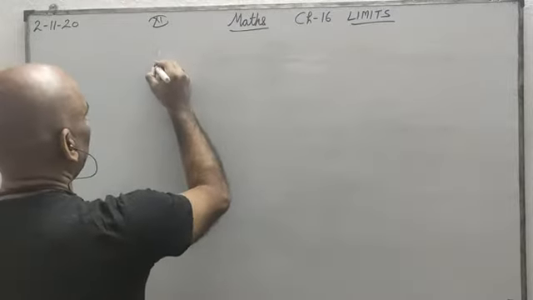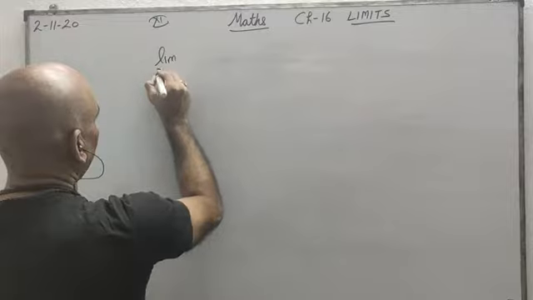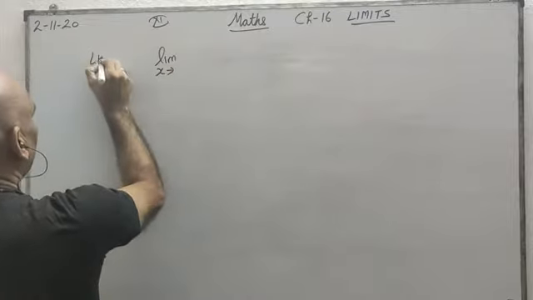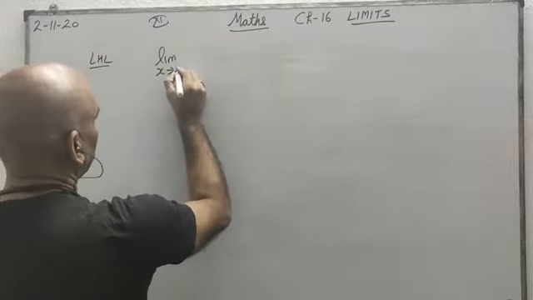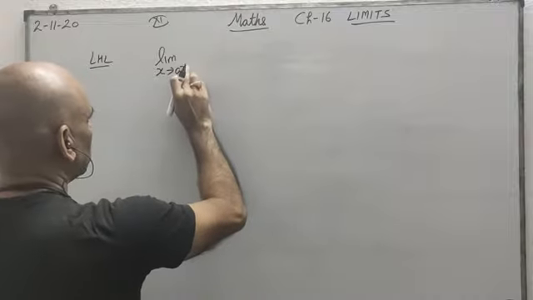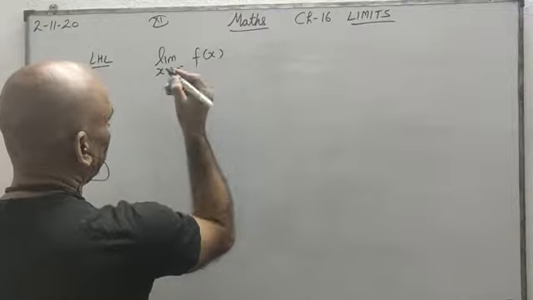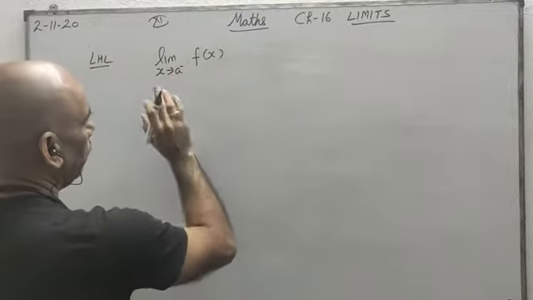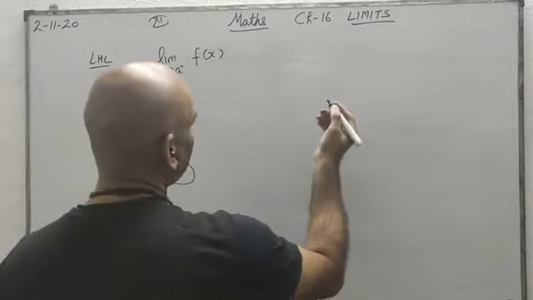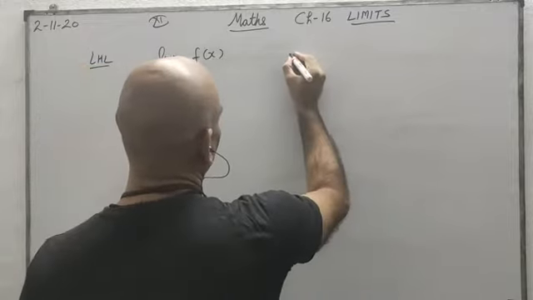For example, if we want to calculate LHL, the left hand limit, limit x tends to a minus f(x), then what will we do? In place of a, I am going to substitute a minus h.